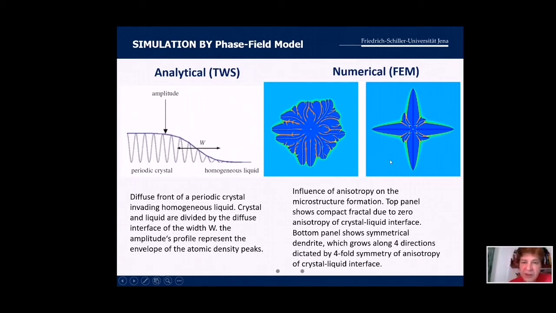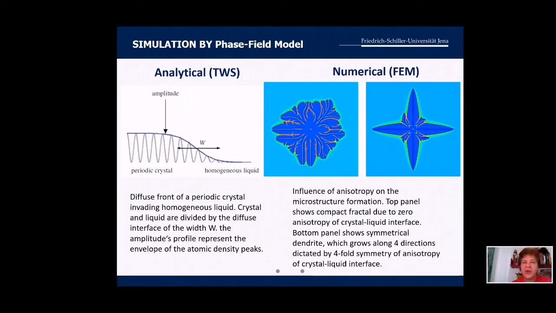The difference is in surface energy. I mean, in the anisotropy of surface energy. In this case, we have zero anisotropy of surface energy. In this case, we have 1% of anisotropic free energy at the interface.